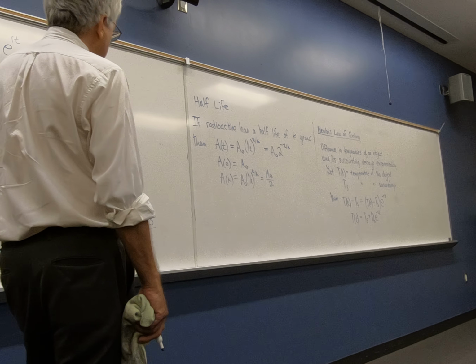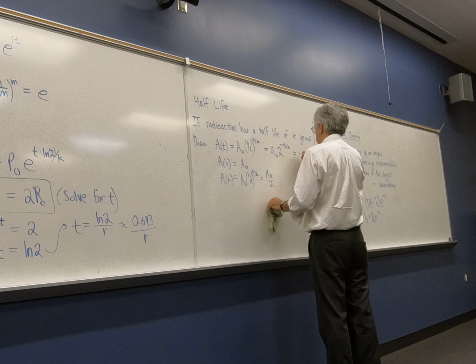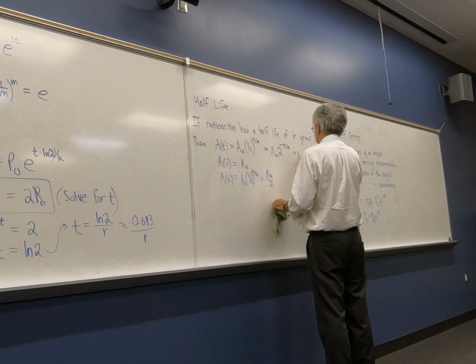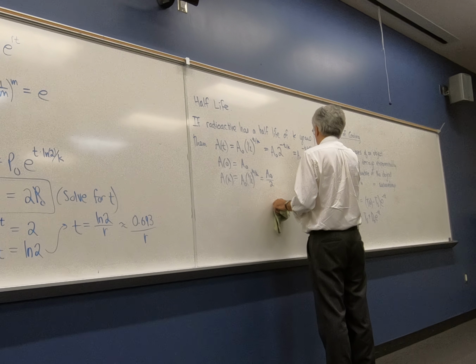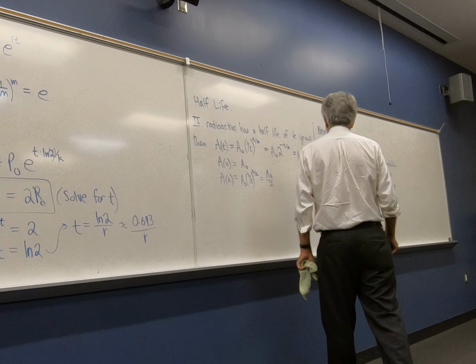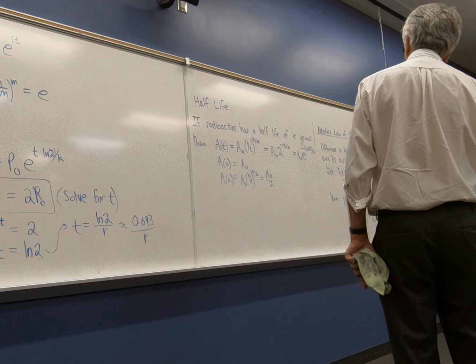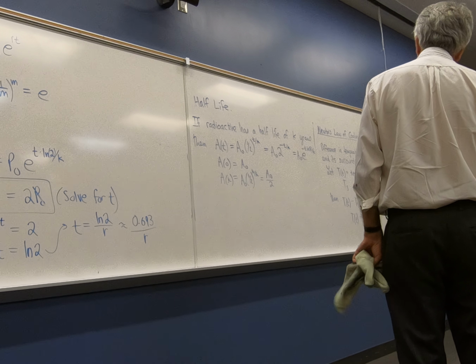What's the difference here? I suppose here we could also write this as A naught times e to the negative t times the natural log 2 over k. So natural log 2 over k would be r in this case, right?